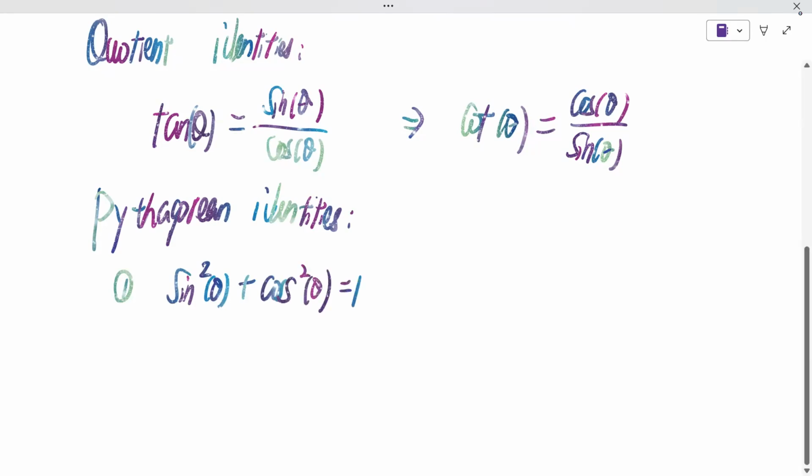equal to what? Now you draw the right triangle, and you'll be able to prove it fairly quickly. Let's say this is angle theta.